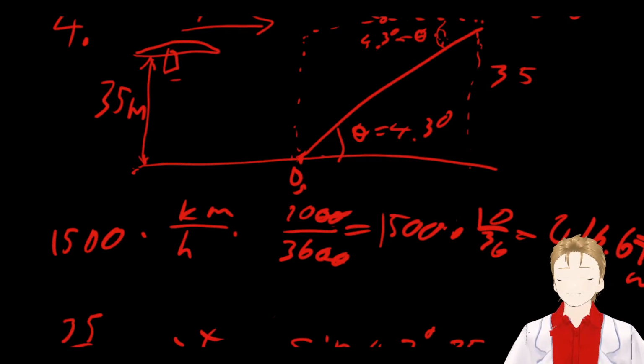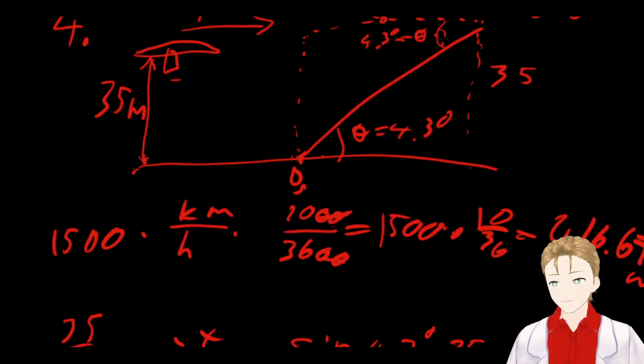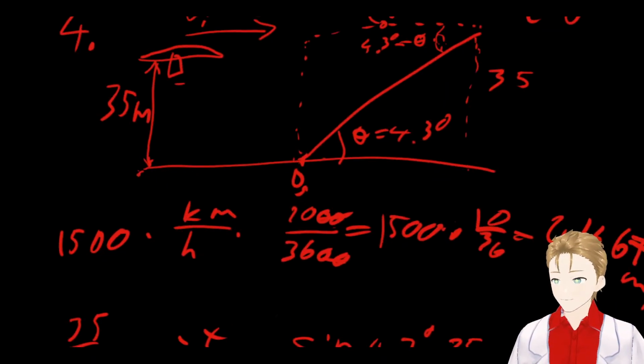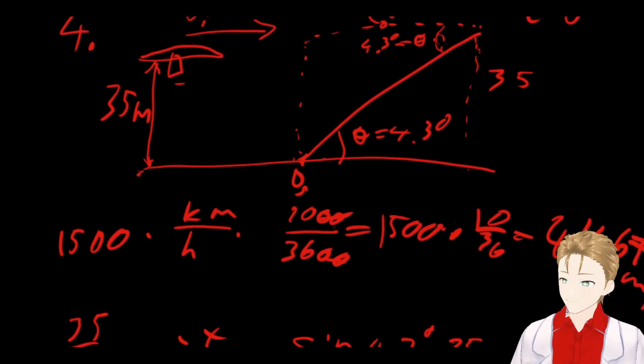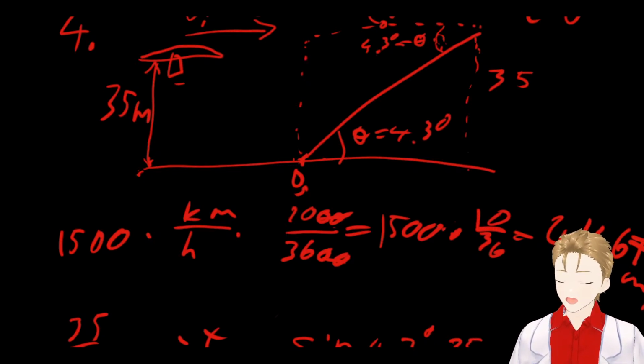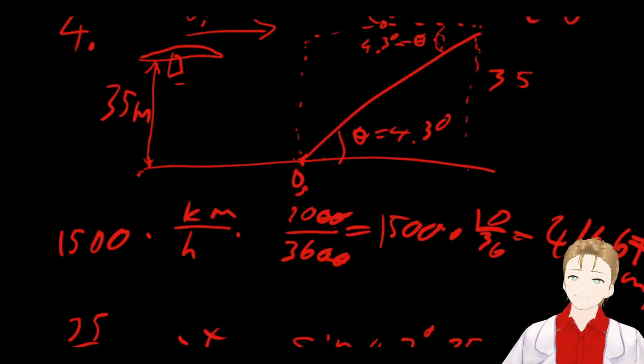The hypotenuse can't be less than 35 meters, because it's the longest side. I'm getting suspicious here.